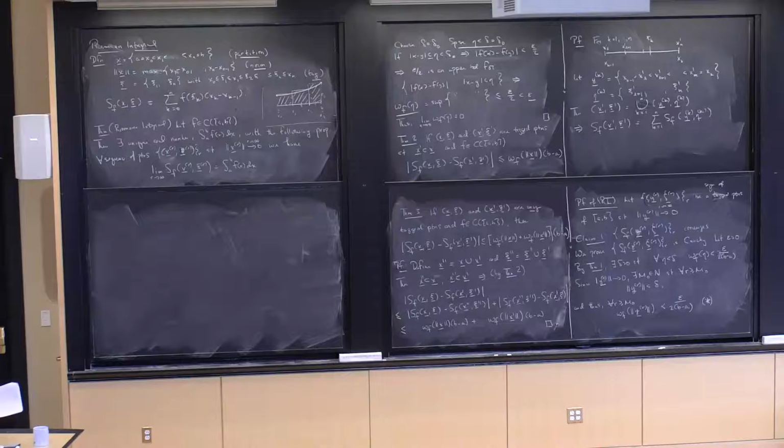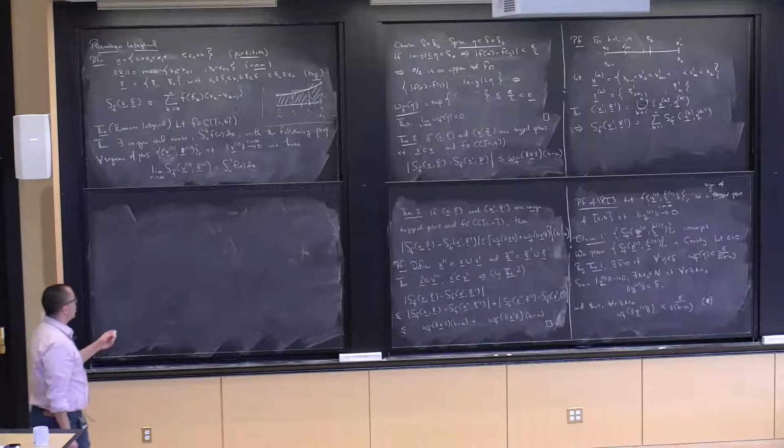All right, so now we have this notion of a Riemann integral. It's this number, the integral from a to b of f of x dx, which has this property: no matter what sequence of partitions I take with norms converging to 0, the partial sums converge to this number.